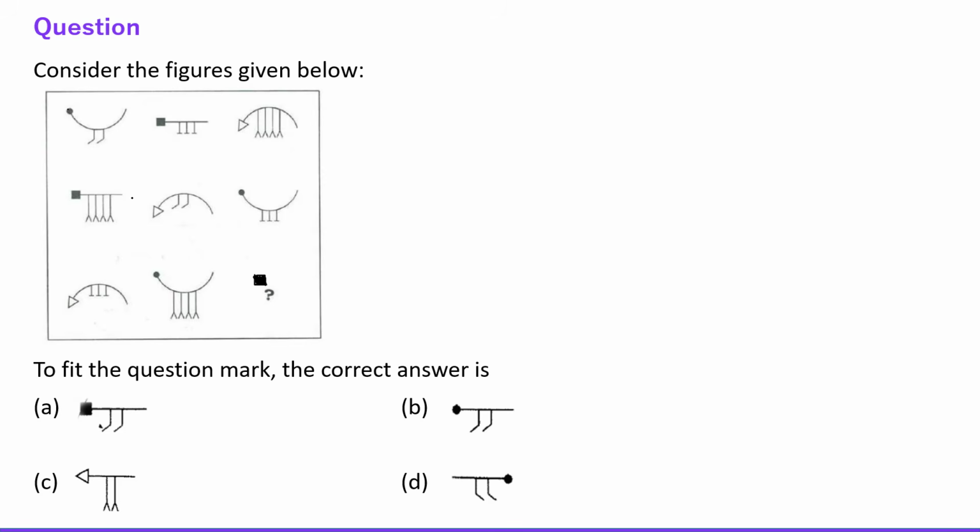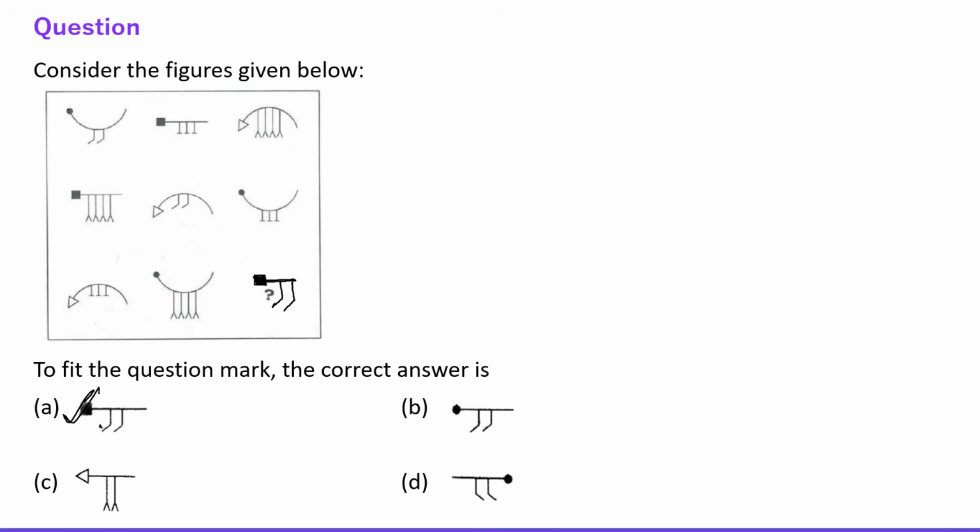So we will have a straight line over here, and then this figure will be the answer. So option A is the correct choice. Observe the pattern carefully; this is a very simple question and you can solve it easily.